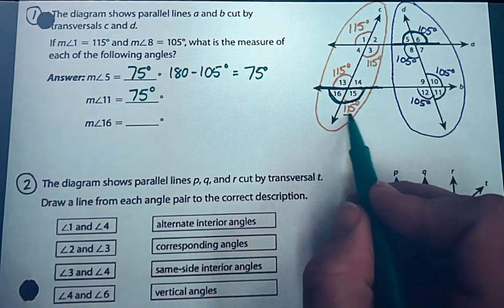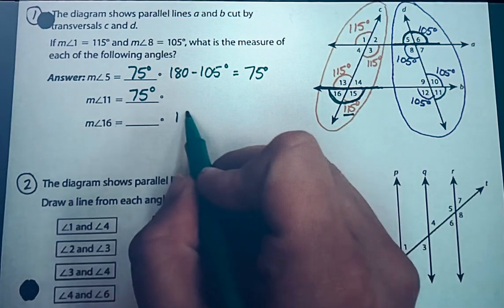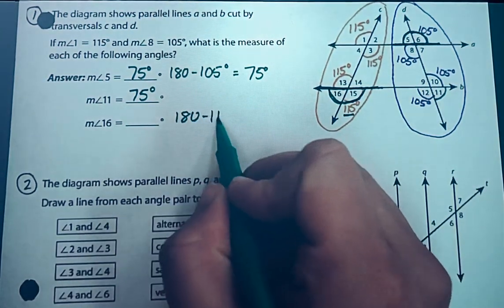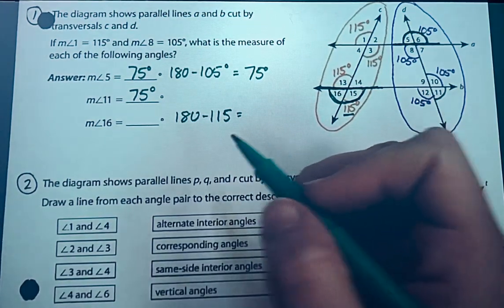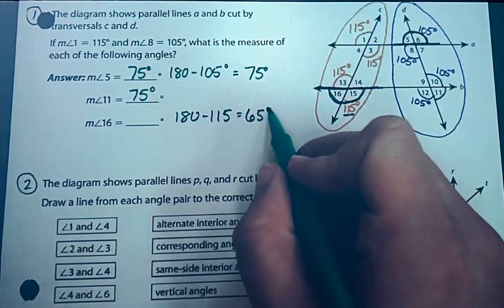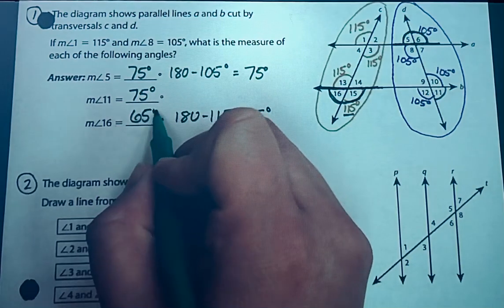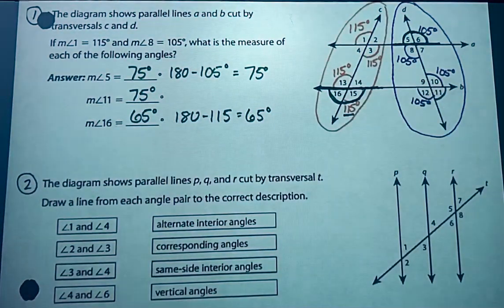So if I know this piece, I'm going to say 180 minus 115, and that will give me my answer of 65 degrees. Moving on to the next question.